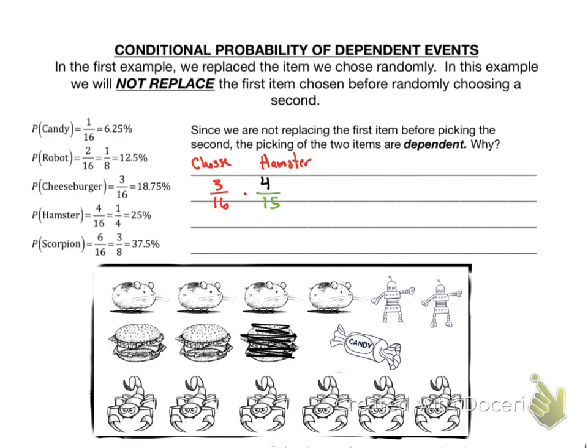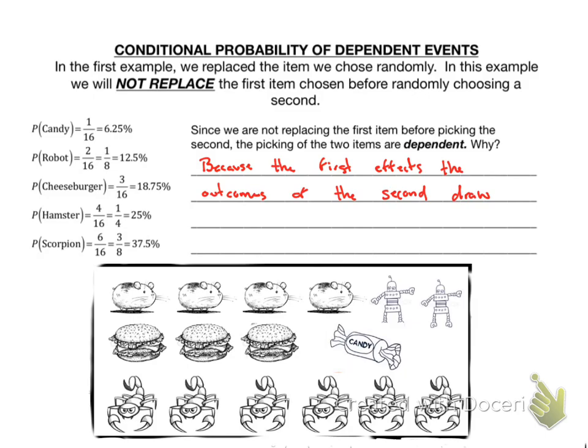So now we have to explain why they are dependent. It's because the first draw affects the outcomes of the second draw. Keep this in mind too.